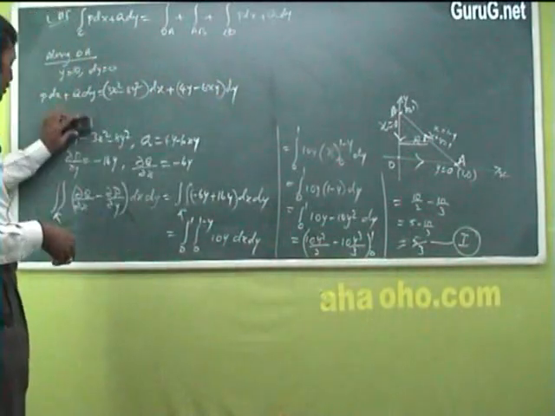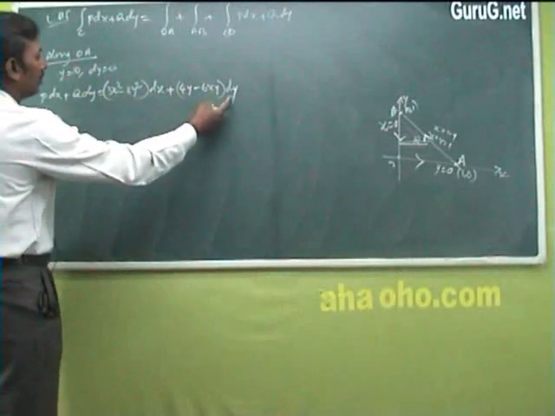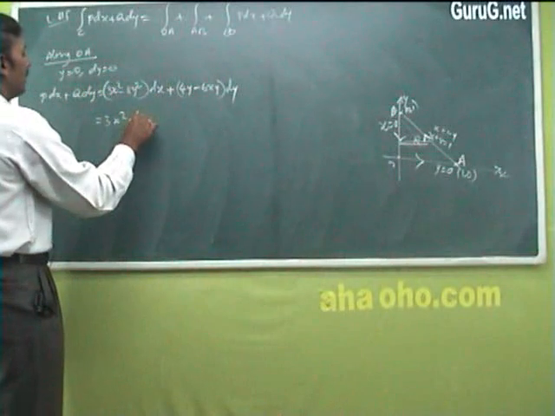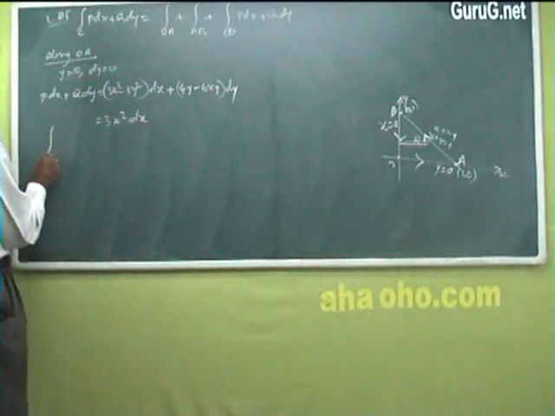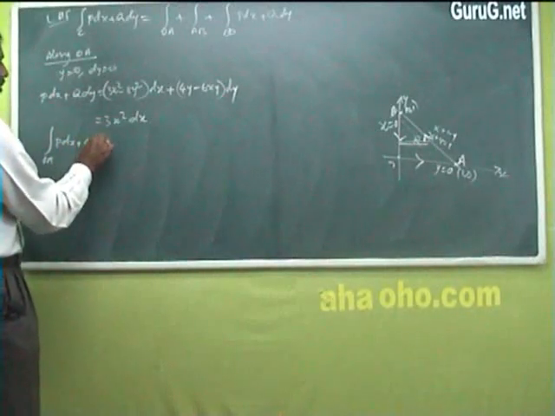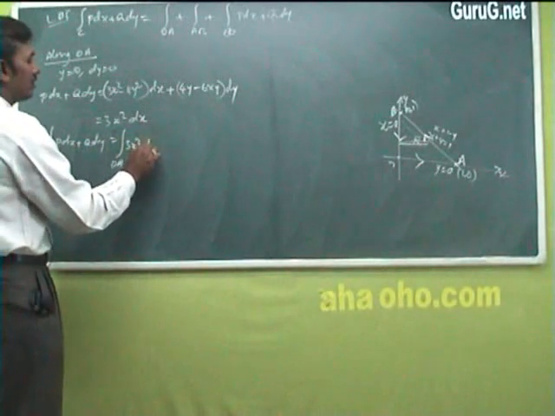You substitute y equal to 0 and dy equal to 0. So this is 0 and this is 0. So 3x squared into dx. So integral over OA P dx plus Q dy equal to integral over OA 3x squared dx.